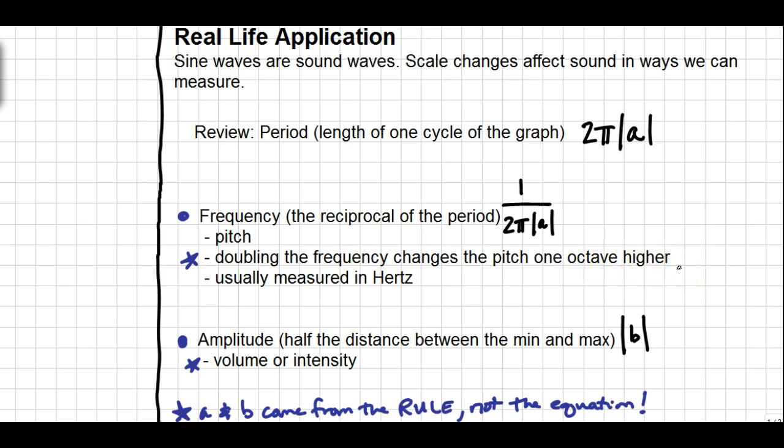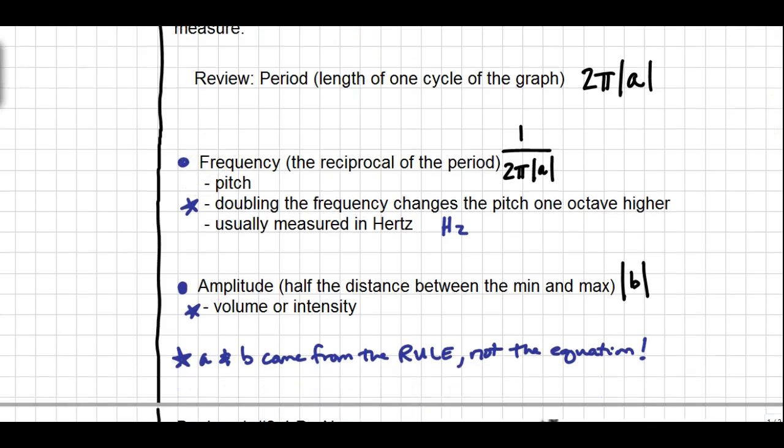So if you were at middle C, if you double the frequency, now you're at the next C up on the scale. Another thing to keep in mind for frequency is that it's usually measured in hertz. A lot of times the hertz will be abbreviated as just Hz. So if you see that, that's what that's referring to. So that's a way that you can tell if they're referring to frequency or not in a problem.